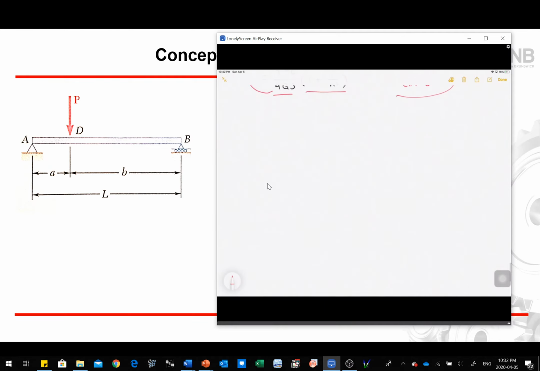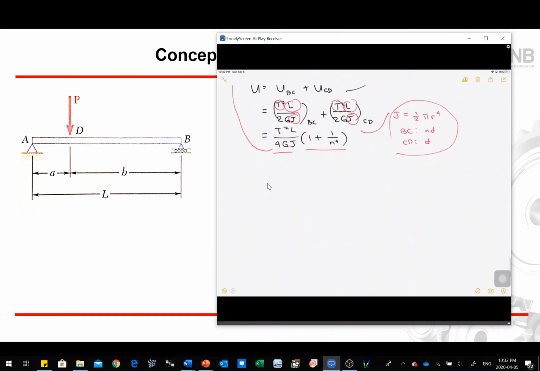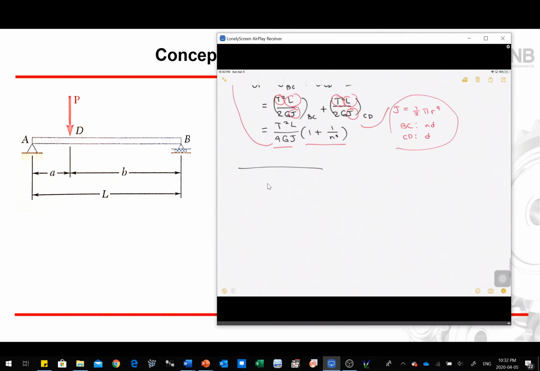Let's go to the board again. So now for this one, we are given a beam. This is concept application 5.